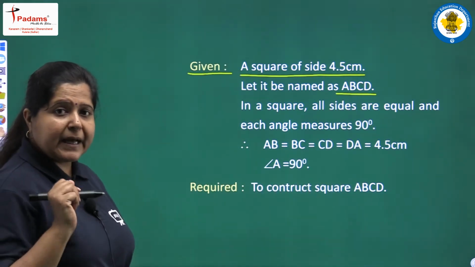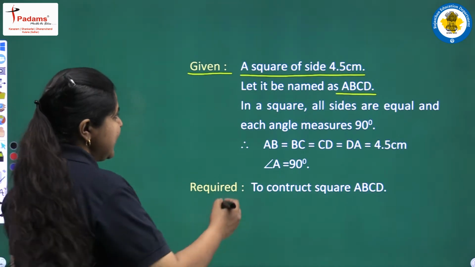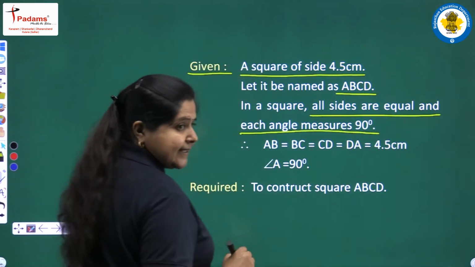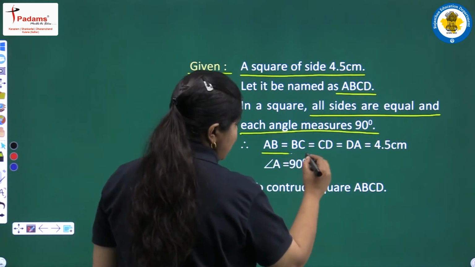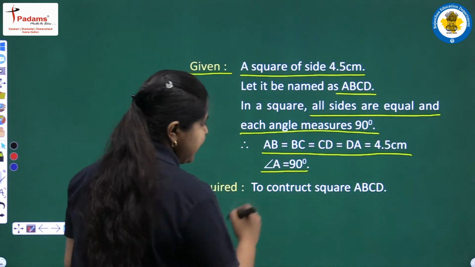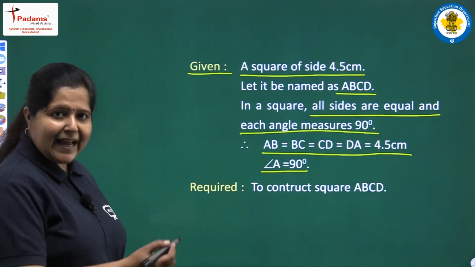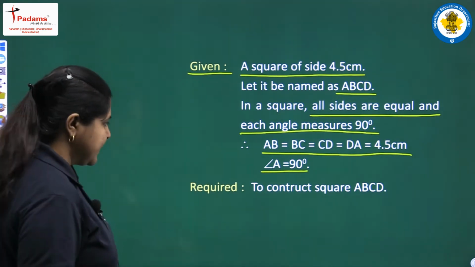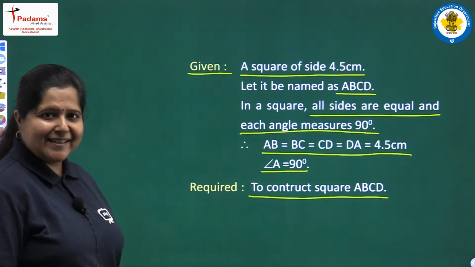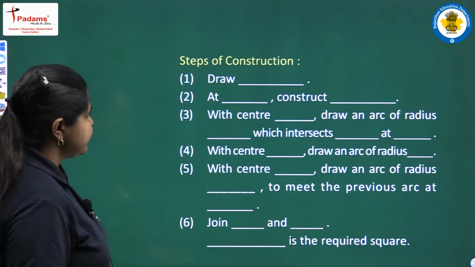Now here we will apply the properties of a square. In a square all sides are equal and each angle measures 90 degrees. So we have taken all the four sides equal to 4.5 centimeter and angle A equal to 90 degrees, as we took in our main figure. Then it is required to construct square ABCD. What next did we do?